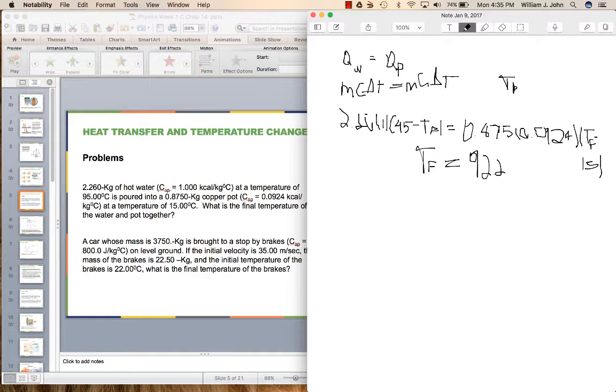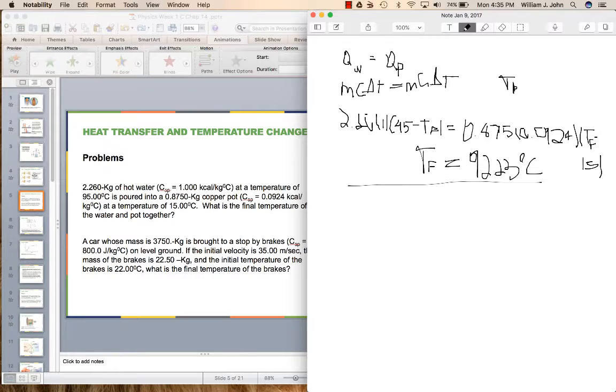So it's very close to the temperature of the water. And it makes sense when you look at the fact that water has a specific heat of 1, whereas copper has a specific heat of 0.09. The effect of the copper is going to be minimal on the water. Sorry about the handwriting there, but that's the first problem.